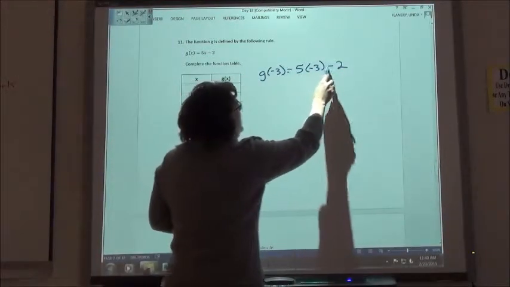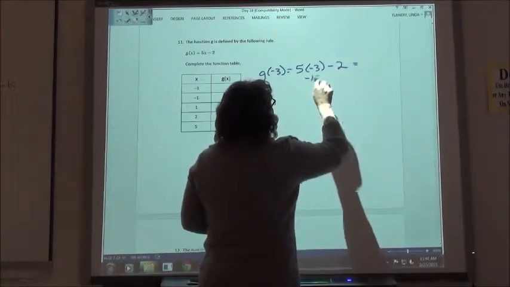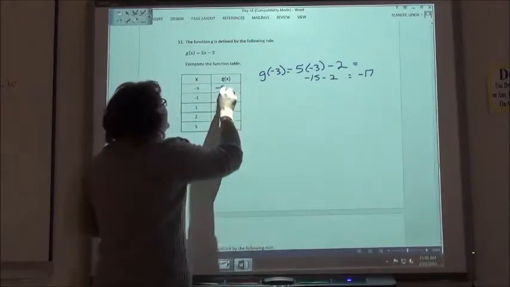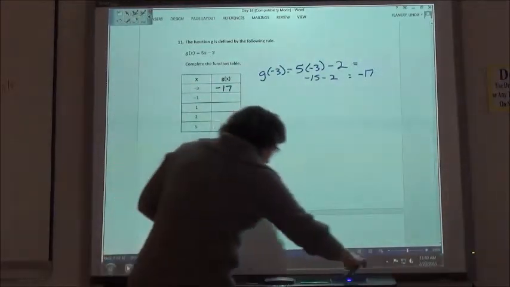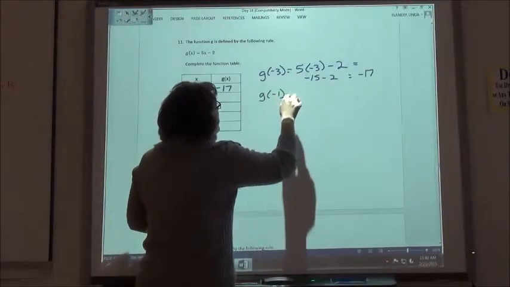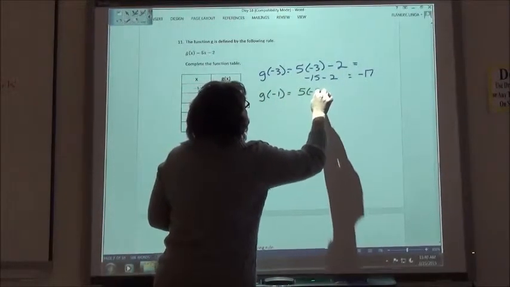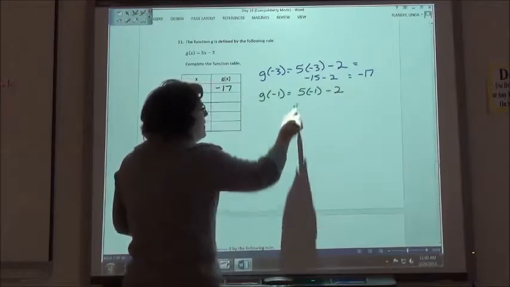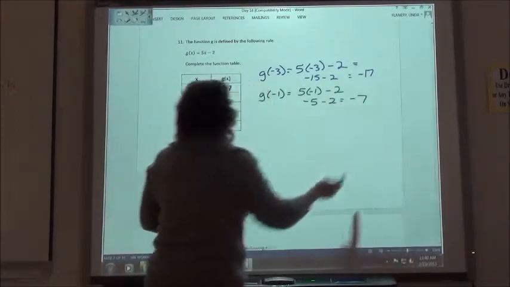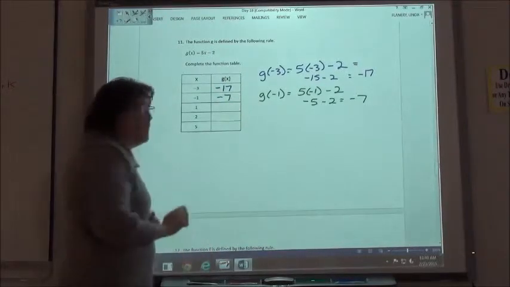Negative 15 minus 2 would be negative 17. Then I am going to do the next one. G of negative 1. So 5 times negative 1 minus 2. 5 times negative 1 is minus 5. Negative 5 minus 2, negative 7.